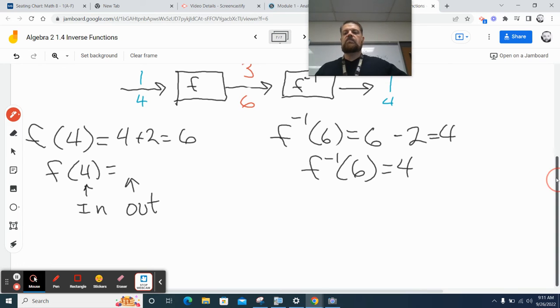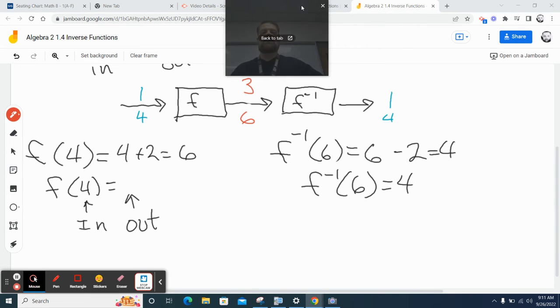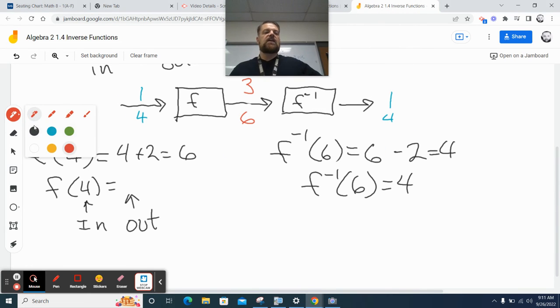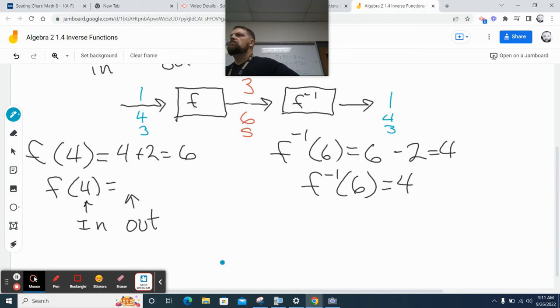But I purposefully made easy equations because let's do some in our head. If I plug in 3, what's 3 plus 2? 5. What's 5 minus 2? 3. Okay? Does that make sense?